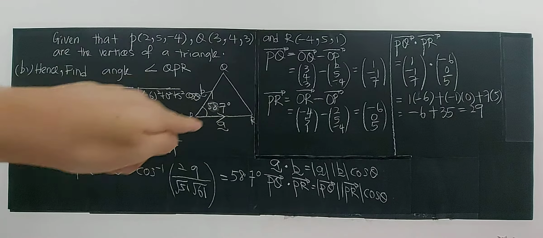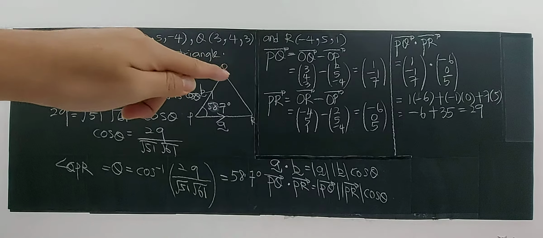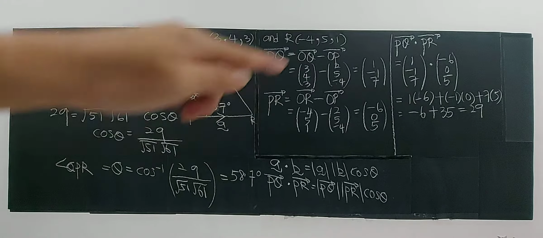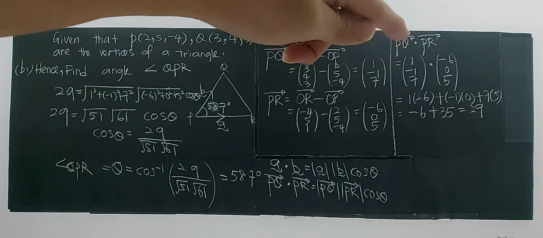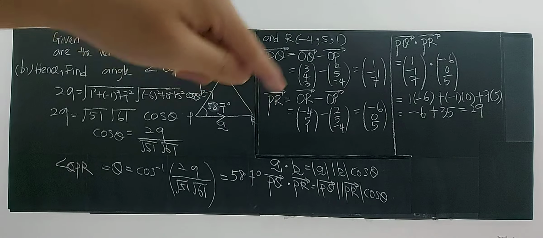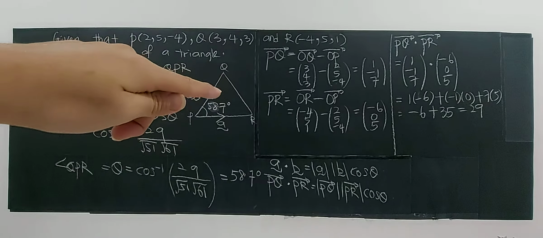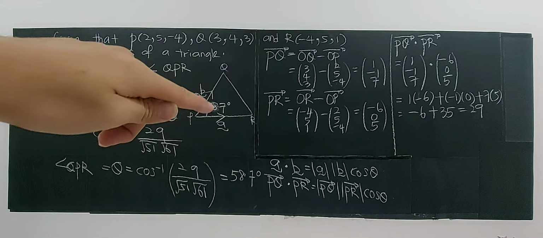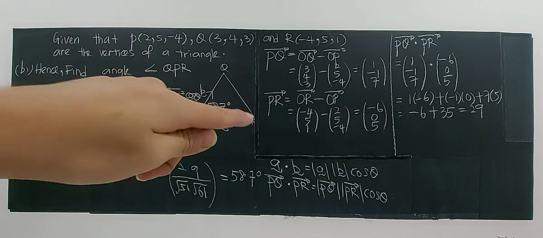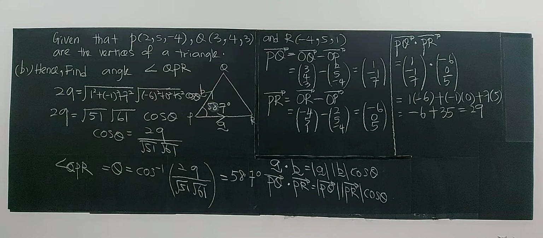I just taught you the concept of how to find one of the angles. If you want the angle at Q, you need to find QP and QR, take the dot product of QP dot QR, find the magnitudes, and use this formula to find the angle. With two angles, you can find the third by taking 180 minus the two angles, since the total must be 180.